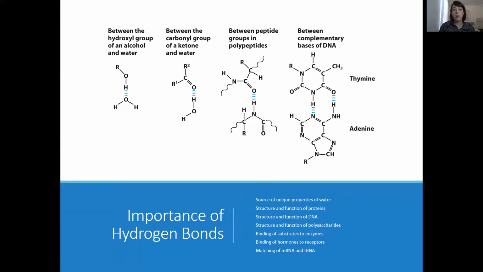Here's a carbonyl group of a ketone and water. Here are some peptides. These are small chains similar to proteins, and they're being bonded together by a hydrogen bond. And even things like the complementary bases of DNA. So within the structure of DNA, they're held together by hydrogen bonds.